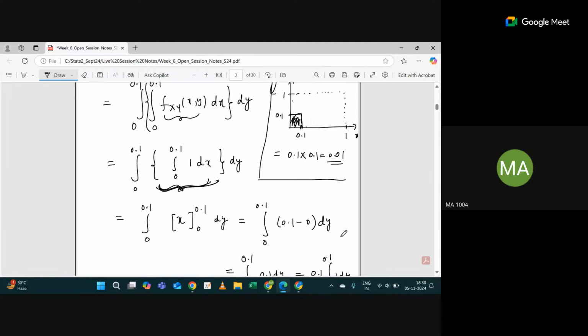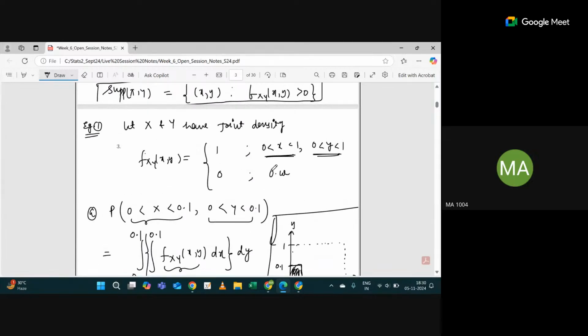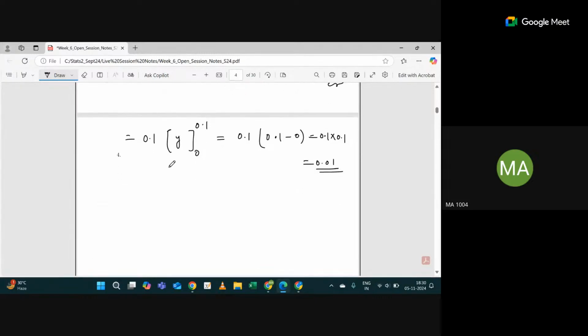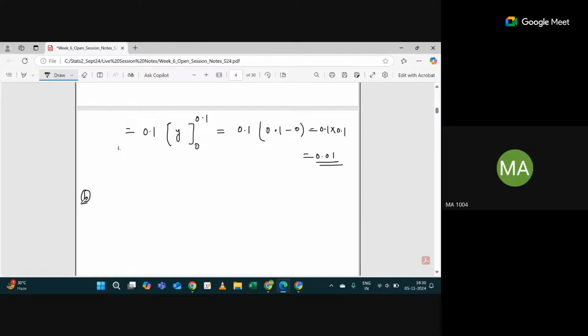Now you will ask why we do this integration if we can apply the area formula. For now it's a direct thing because it's uniform, but what if you have some complicated equation? I'm just giving you the flavor of how to approach this kind of question.